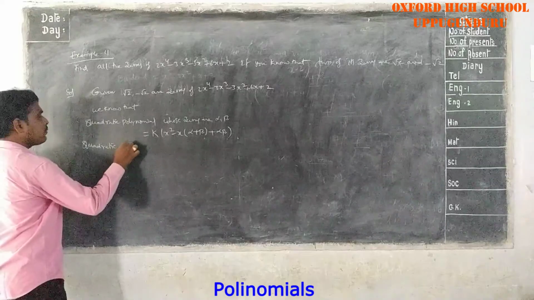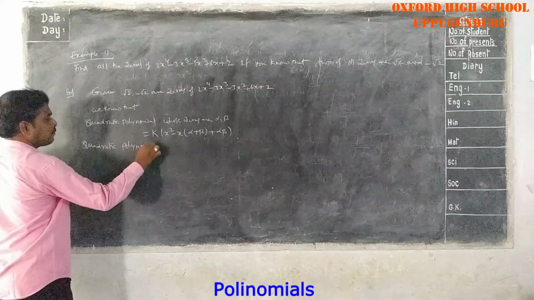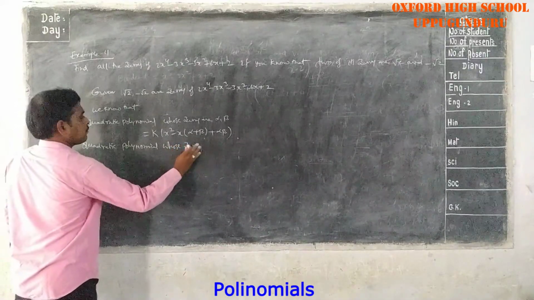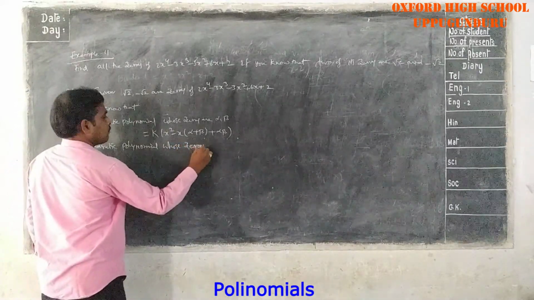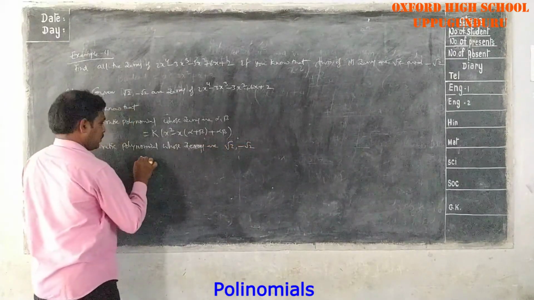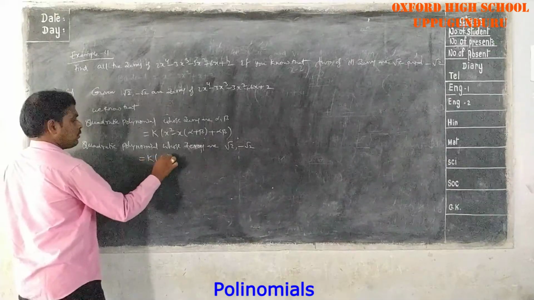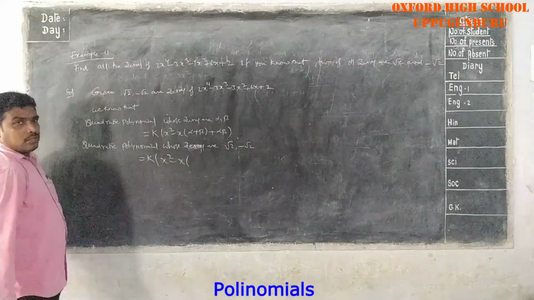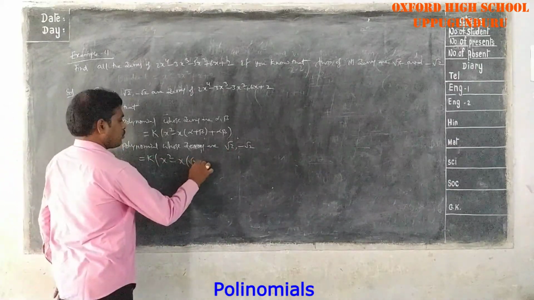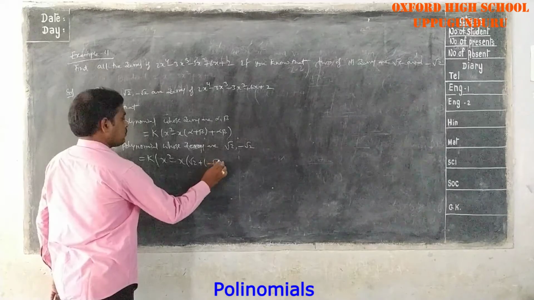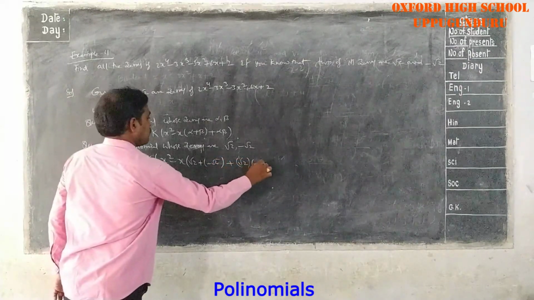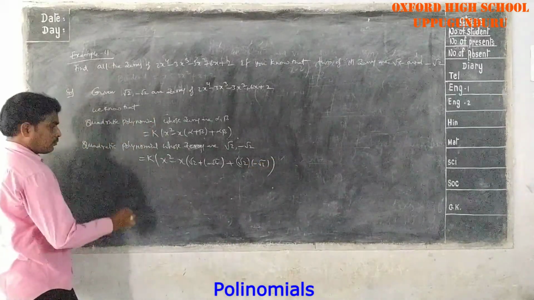Now the quadratic polynomial whose zeros are root 2 comma minus root 2 equals k of x square minus x into sum of the zeros, root 2 plus minus root 2, plus product of zeros, root 2 into minus root 2.